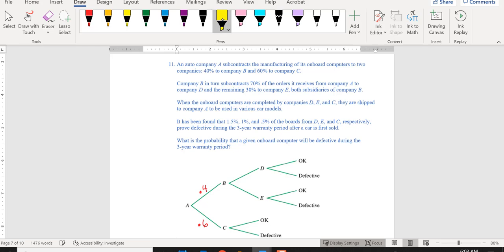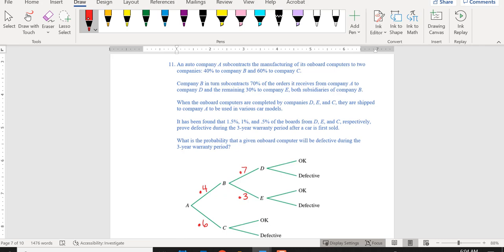Company B, in turn, subcontracts 70% of the orders it receives from A to Company D and 30% to Company E. So 70% to D, 30% to E. All right, that's that paragraph.